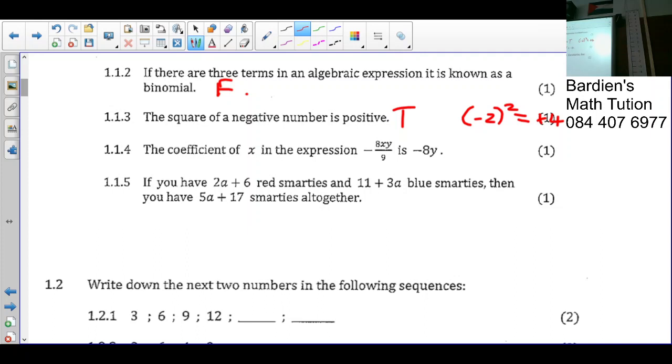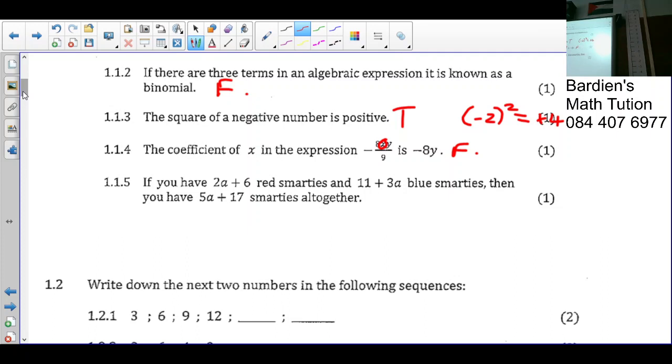The coefficient. What's the coefficient? It's a number. The coefficient of x in the expression is negative 8y. Is that correct? False. What is the coefficient of x here? Negative 8y over 9. That is your coefficient.